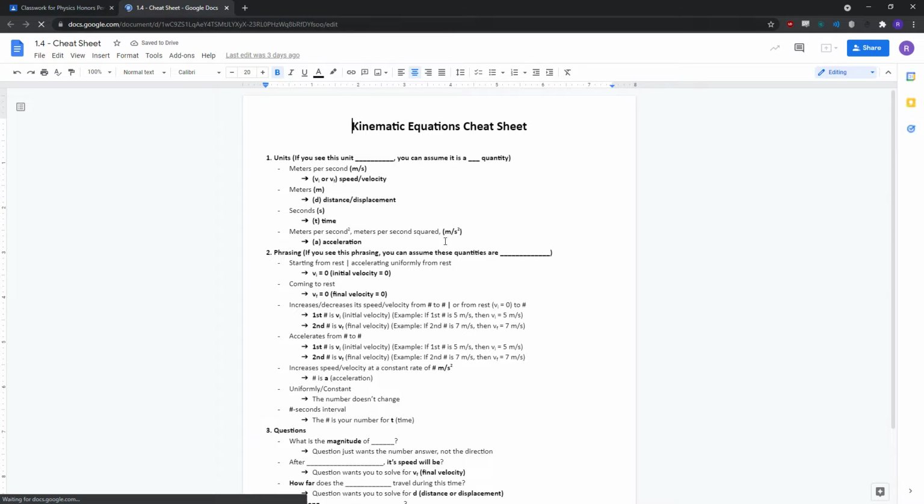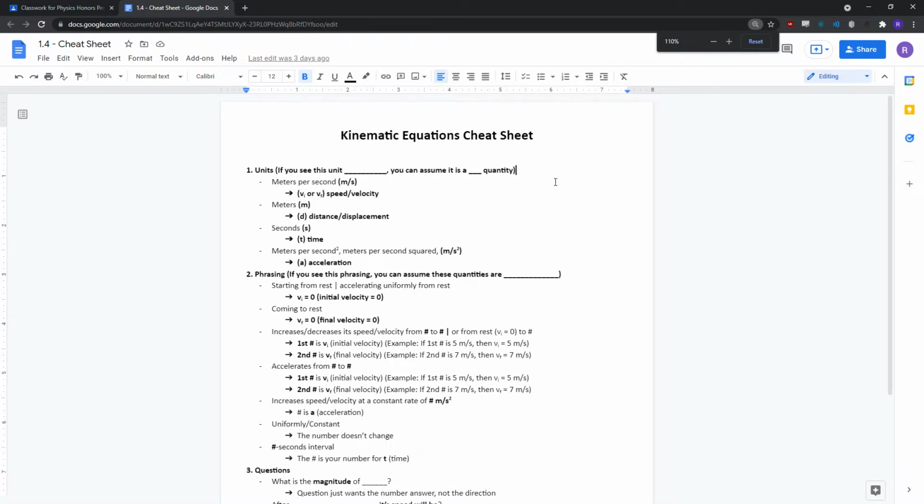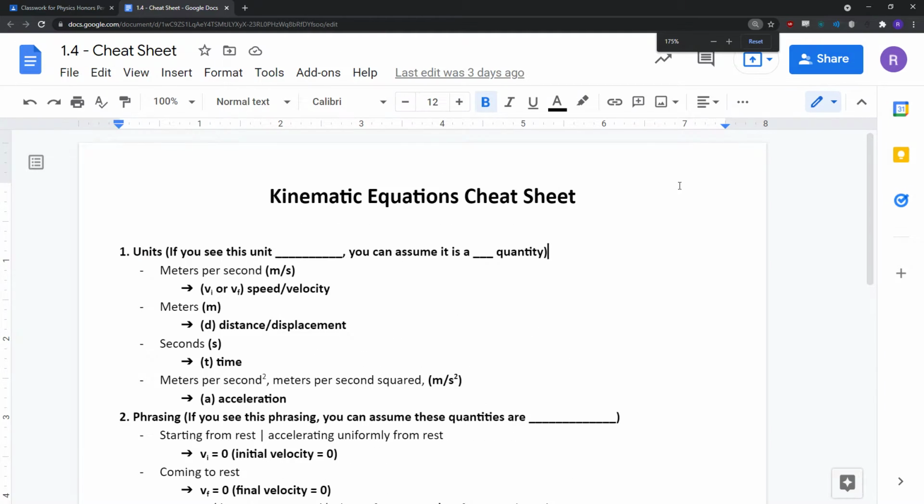We're going to go to this cheat sheet right here, and we see number one. So if you see this unit, you can assume it is a certain quantity. And so if you see meters per second, then you are dealing with a speed or velocity unit.